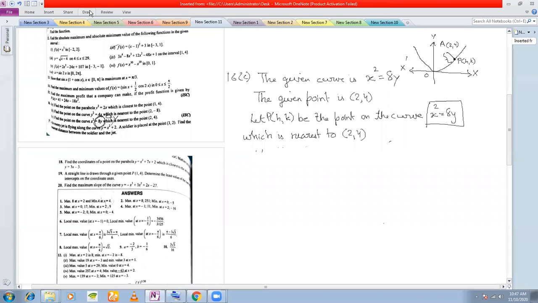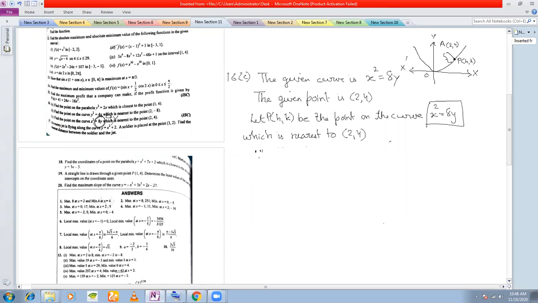So here the question was, find a point on the curve x square is equal to 8y, which is nearest to the point (2, 4). And I said let P(h, k) be the point that is nearest on the curve x square is equal to 8y.